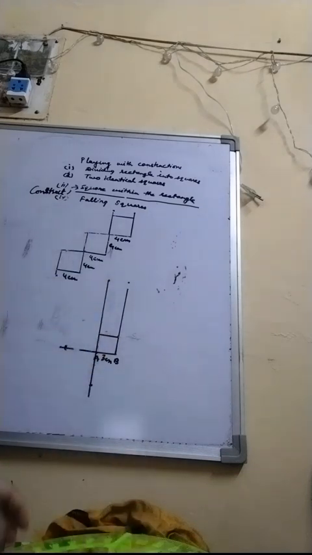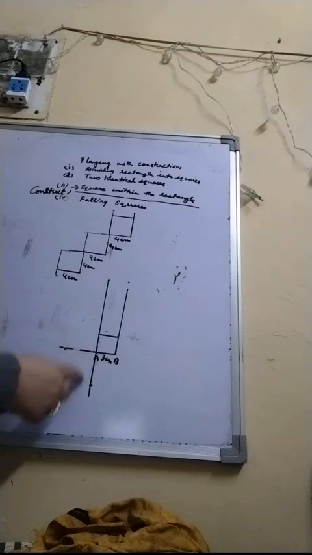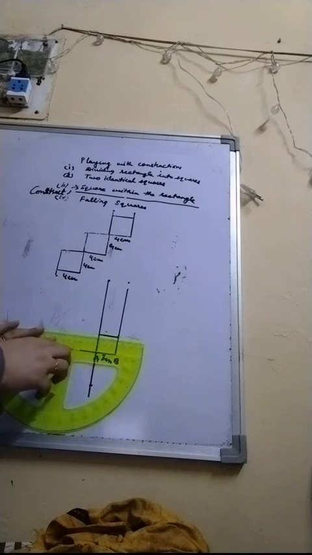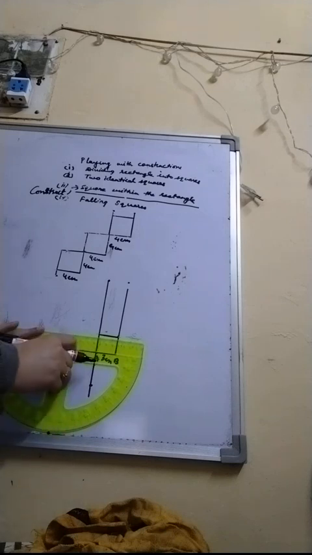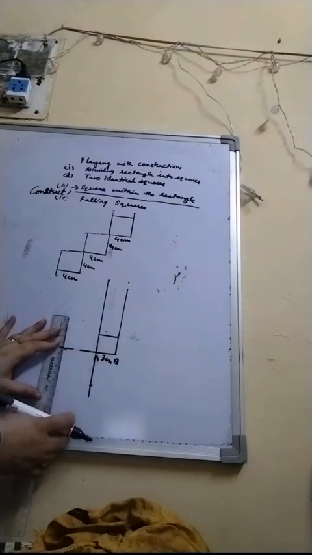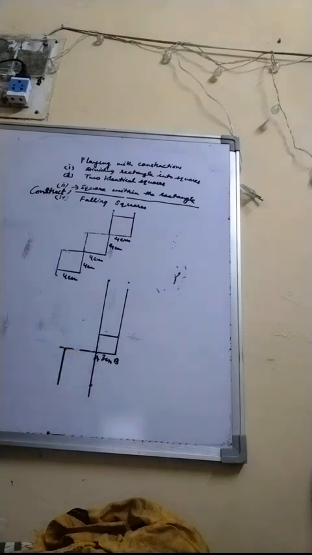Now you have got 2 points here. Draw a 90 degree line. Taking one line you have already got, you need to have the second line. So where would your vertex be? This would be your vertex, and mark 90°, and in this way you would get the second line.